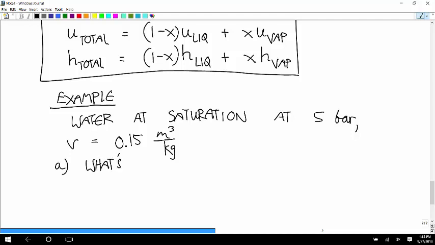So first, what's the temperature? Second, what's the quality, X? And third, what's the specific energy?